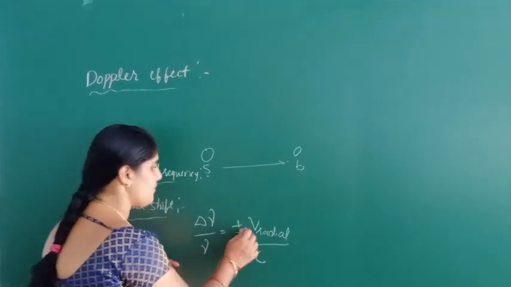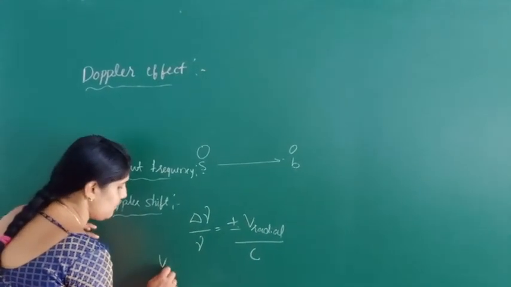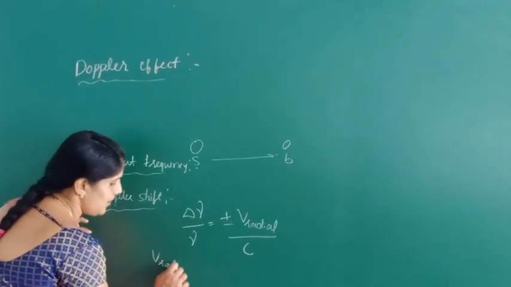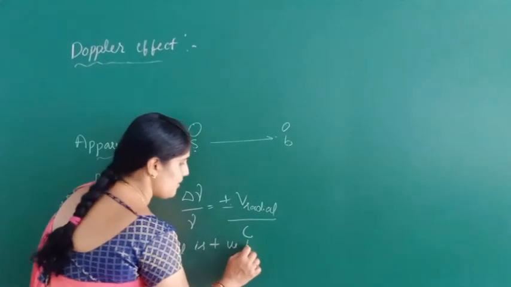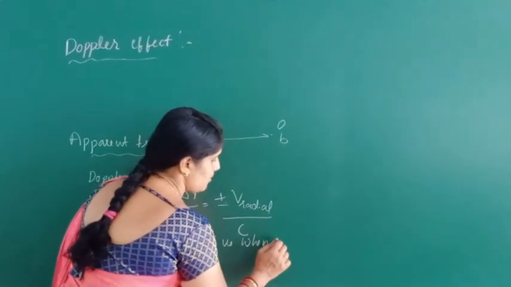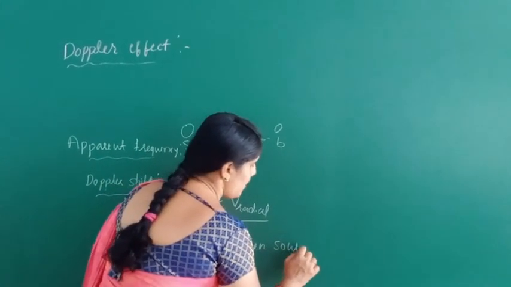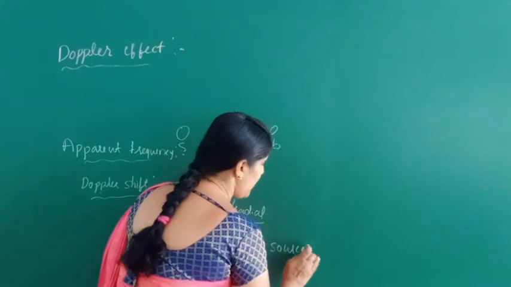Okay, here the radial velocity v radial is positive when the source is moving away from the observer.